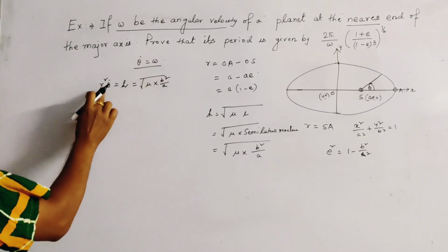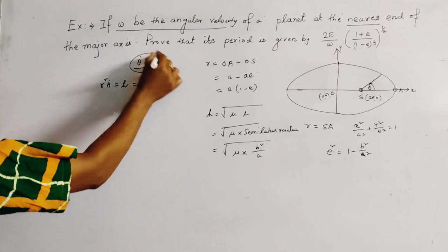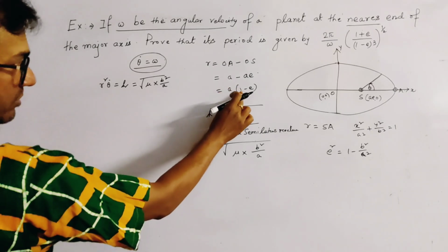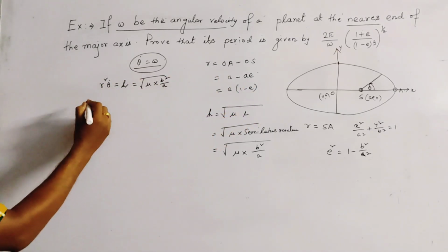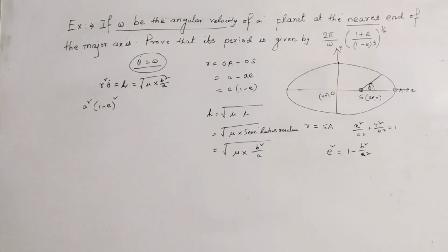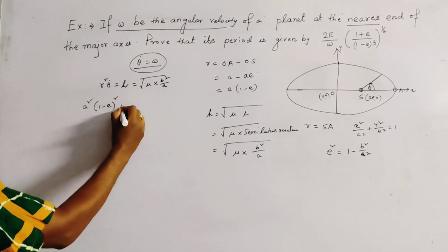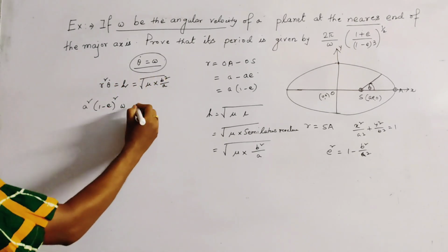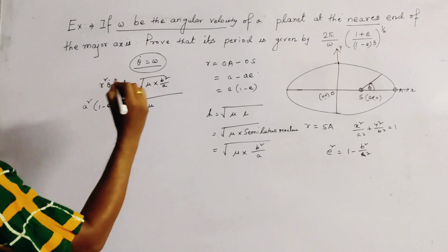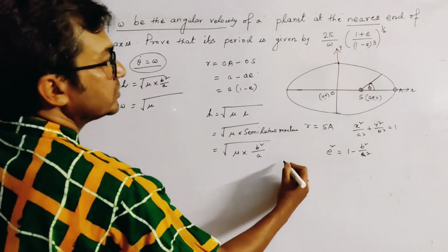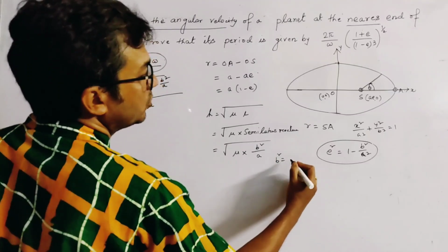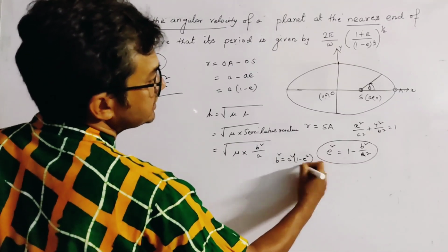Now we put theta dot equal to omega from this relation, and r equal to a into (1 minus e) from this relation. We get a square into (1 minus e) whole square into omega, because theta dot equals omega, and this is equal to root mu into, from this relation, b square equals a square into (1 minus e square).